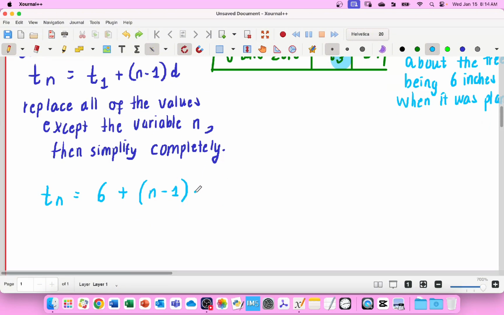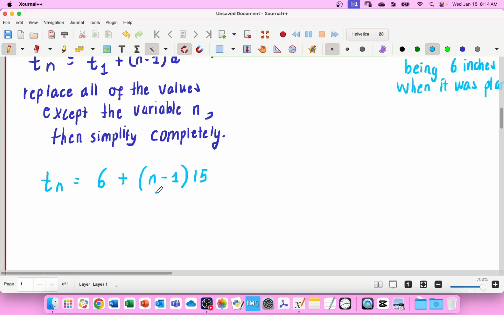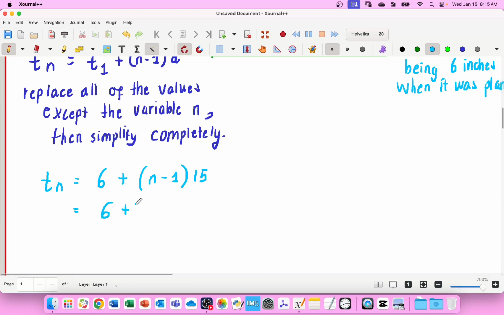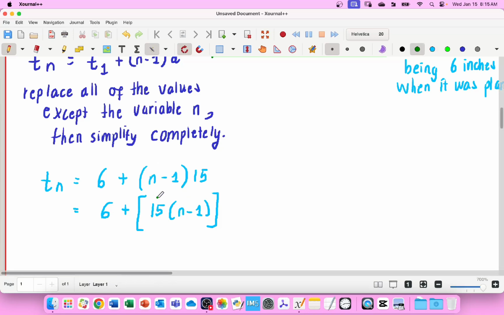Oh, but d is 15 for the 15 centimeters. So then I can simplify. Tn is 6 plus, I'm just going to swap these so that you can see how I'm distributing. So distribute.